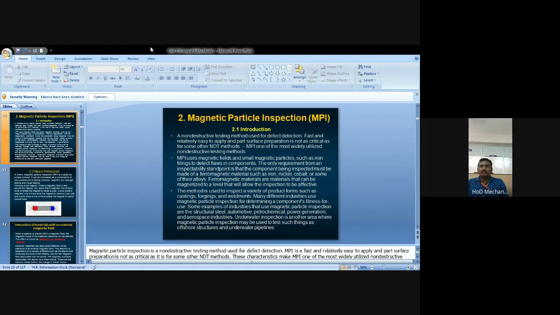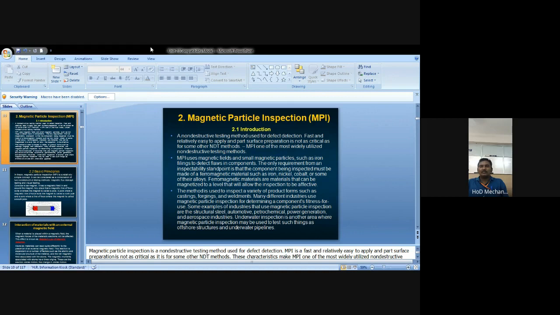And the petrochemical industry as well as the electrical power producing industries. Most hydroelectric power plants use it for the turbines. The turbine blades are made of some composite that is ferromagnetic material.